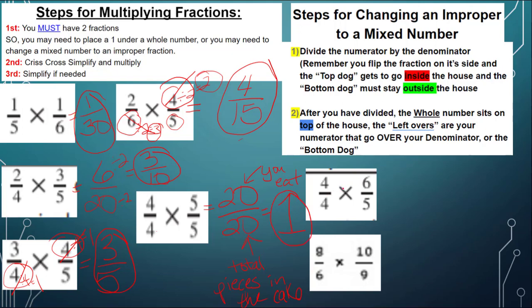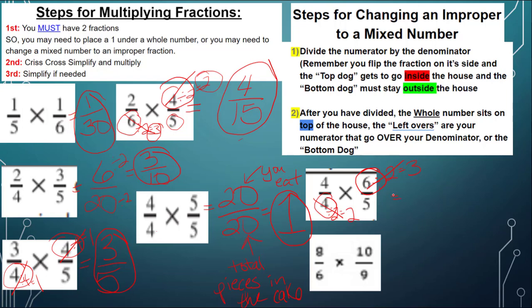Okay, let's look at our next one here. We already have two fractions. Let's see if we can crisscross simplify. Okay, we can crisscross simplify this 4 and the 6. Because they are both even, they can both be divided by 2. 6 divided by 2 is 3. 4 divided by 2 is 2.